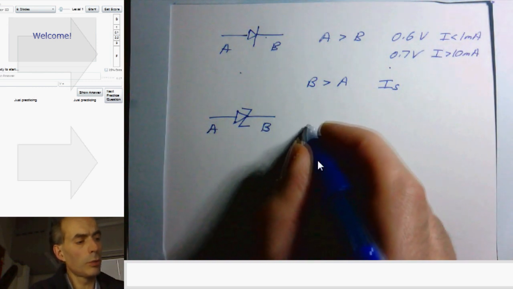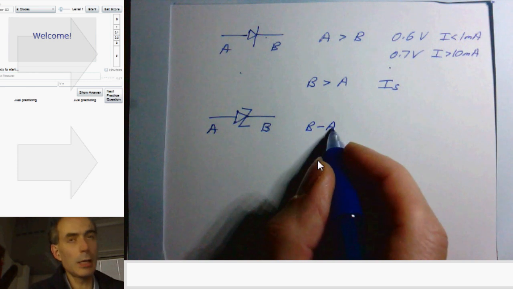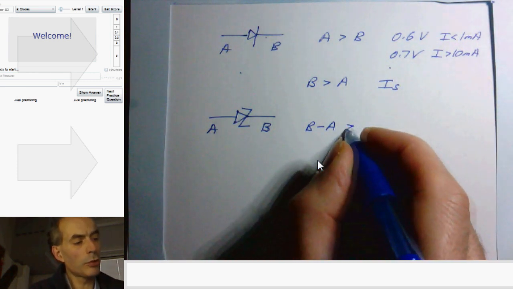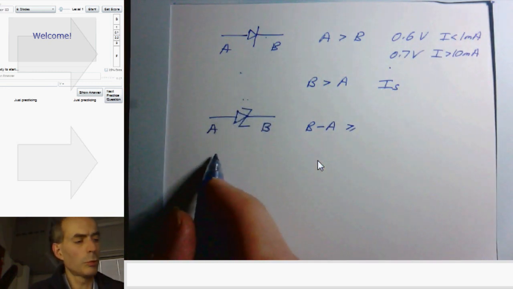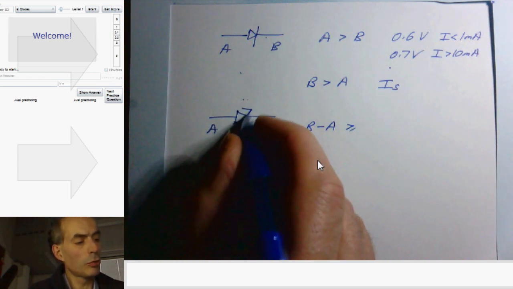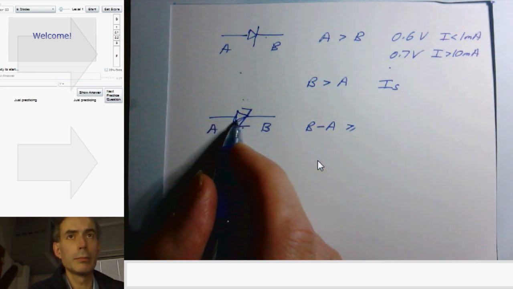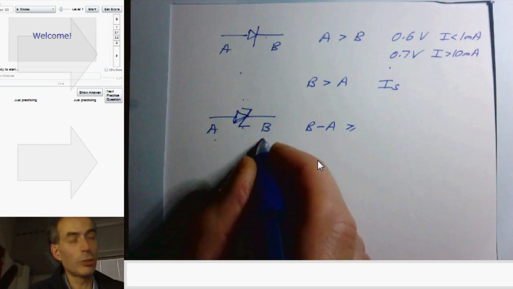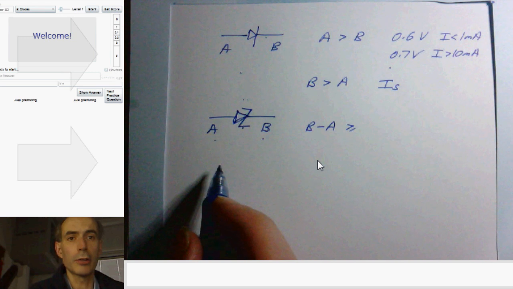A Zener diode which is reverse biased, in other words that B minus A is greater than 0, well, if B minus A is greater or equal to the threshold breakdown voltage of the Zener, and that will be specified in the question, then you can assume that there'd be quite a lot of current flowing through it. At level 1, you can probably assume that the voltage across a Zener diode in breakdown is equal to the rating of the Zener diode.